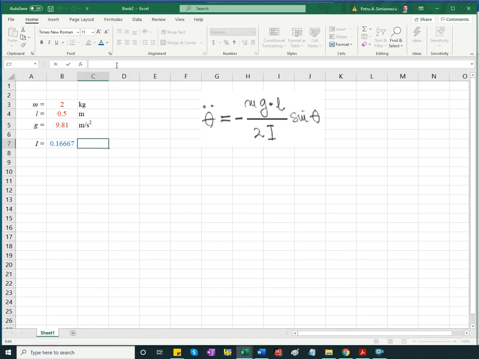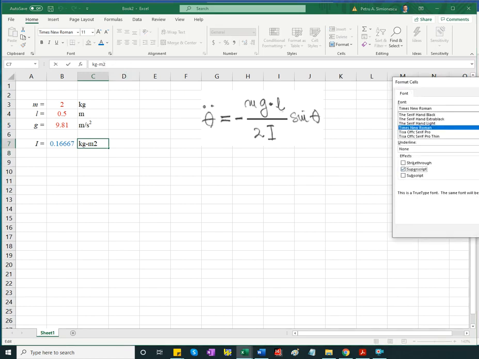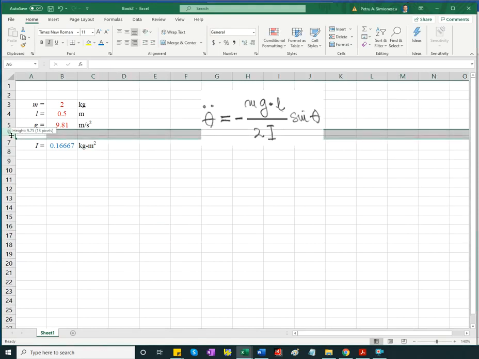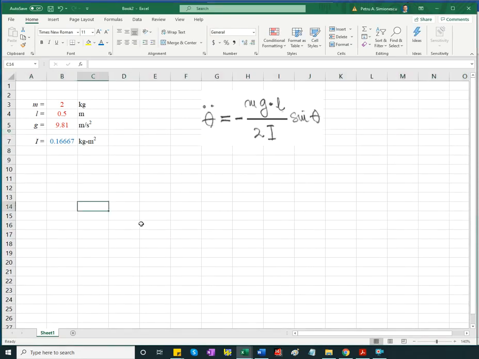So units are kilogram meters squared, and I'm going to elevate to make this again superscript just to look good. Oftentimes we're judged by appearance, not by content, but appearance matters. Make this kind of application, or spreadsheet, more appealing.